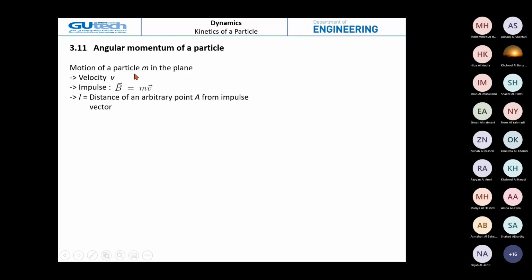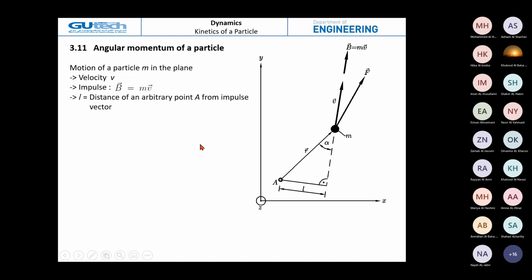Okay, now we take the motion of a particle m in the plane. That means we have our mass m here, the force F is applied on it, and it moves on the plane with a certain velocity v.